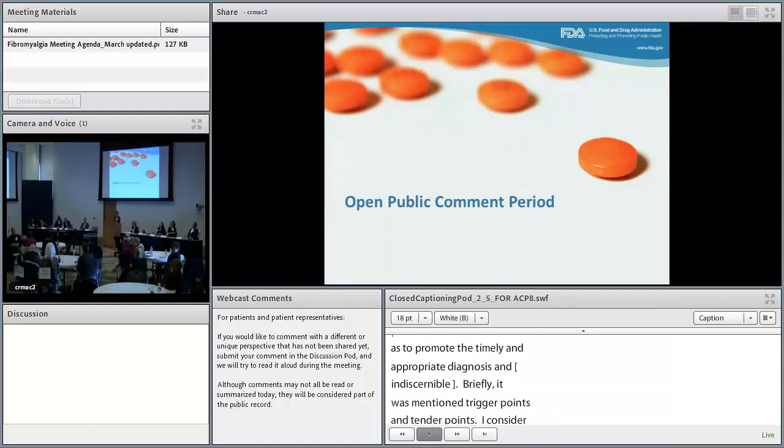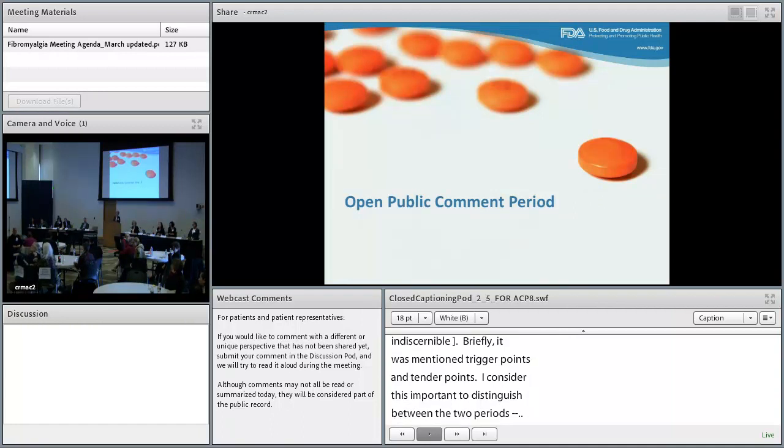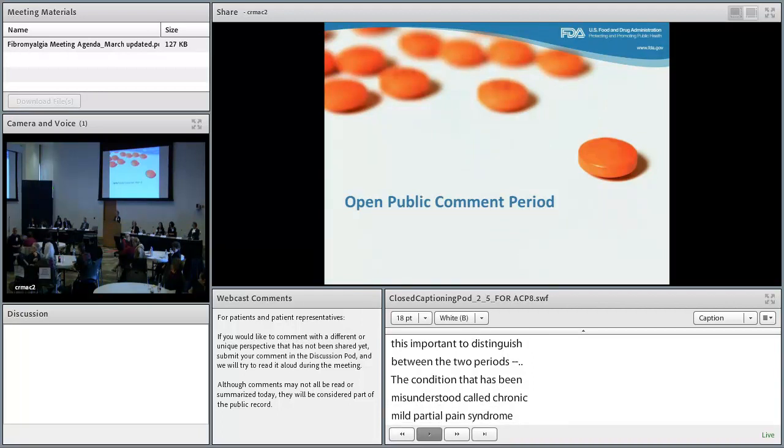Briefly, it was mentioned trigger points and tender points. I consider that it's important to distinguish between the two. There is a condition which is misunderstood, called chronic myofascial pain syndrome, which is prevalent in fibromyalgia patients.